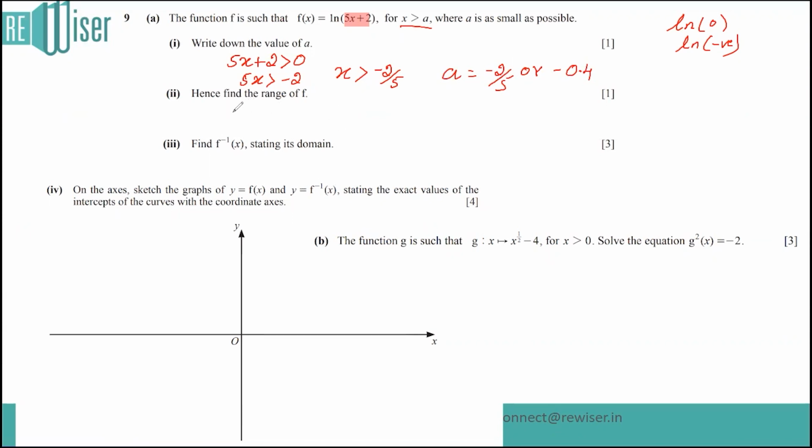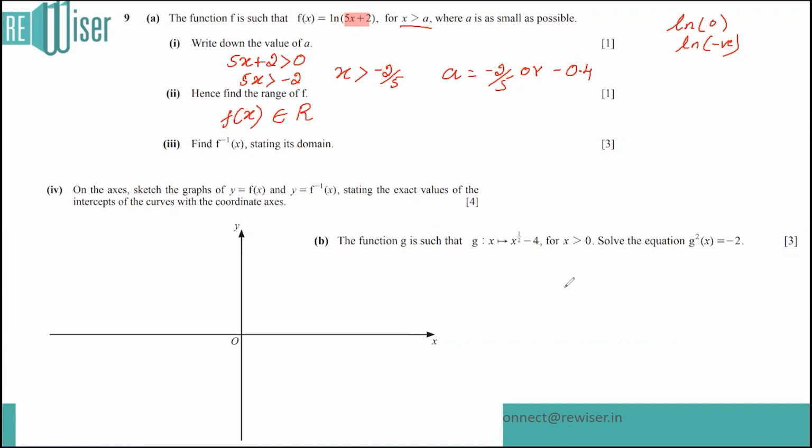So in that case, the range of f of x would be all real numbers. So mentioning f of x belongs to R, or describing it in words, something like all real numbers, we get full mark. So that is 1.